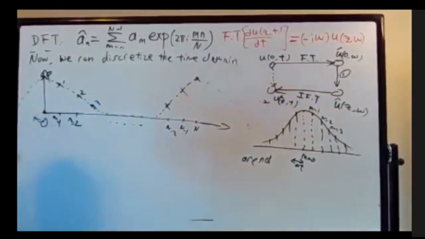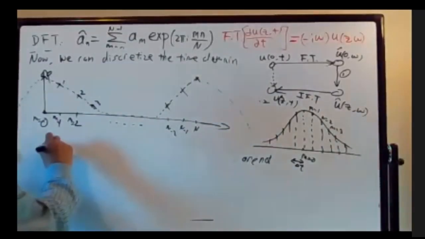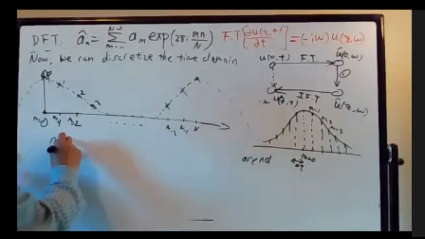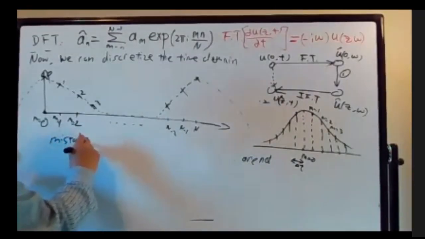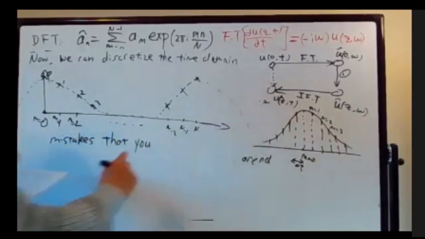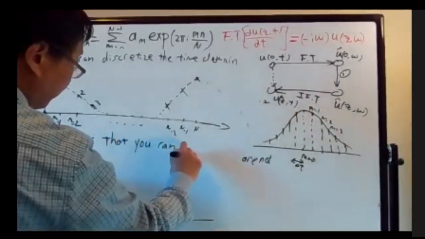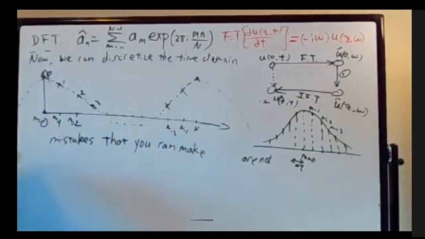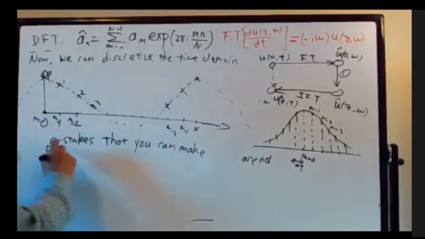Okay, let me finish. The mistakes that you can make, right? First is forgetting to shift the function when discretizing.